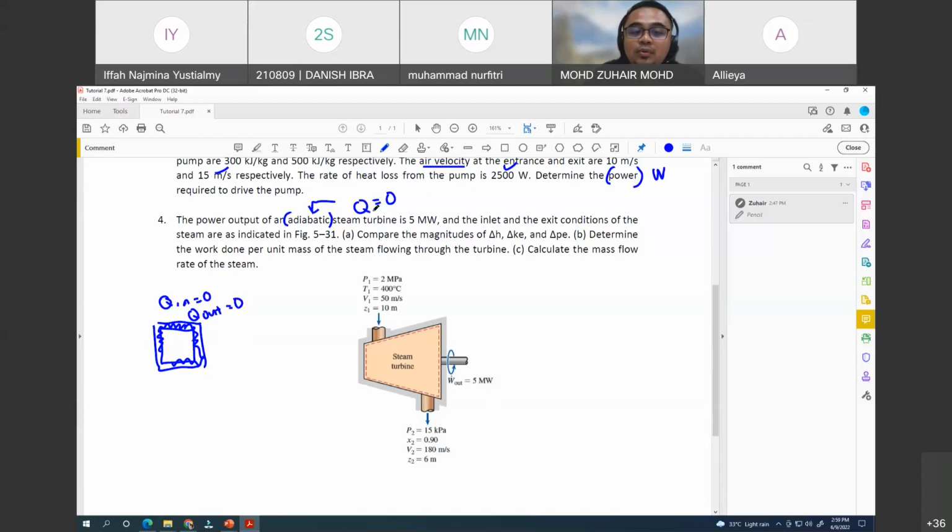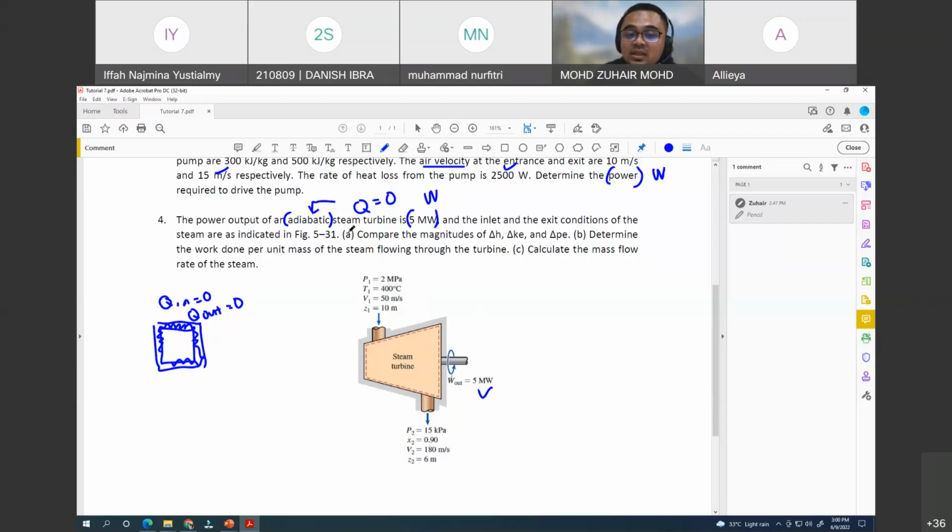Okay, the power output is 5. We have the power output, the work, which is 5. Okay, they drew it here as well. So we have the power output of 1 megawatt. Megawatt, later we have to change to kilojoule per second. And then the inlet and the exit conditions are as indicated. So we have all of this information.